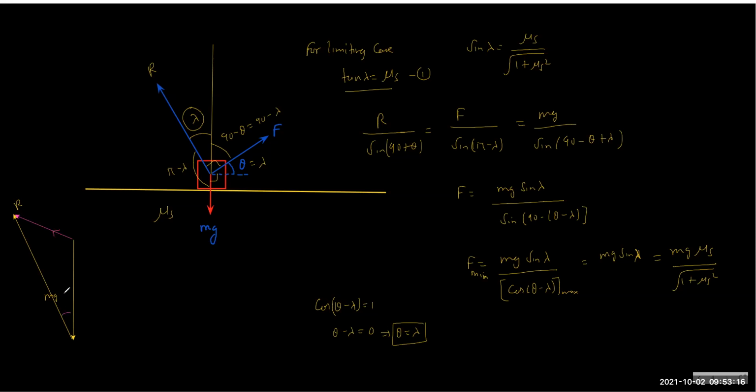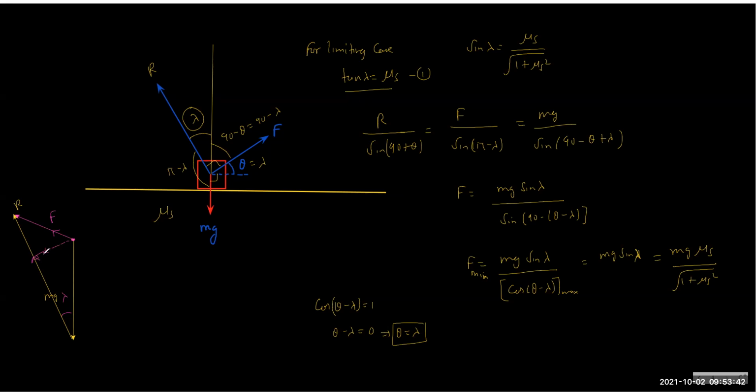Because this angle is fixed. Now the question is how to minimize the F vector. So I think the minimum value of F is only possible when F is something like this, because the shortest distance from the tail of the first vector to the tip is only this much. It means if the R is exactly till here, then this is the minimum value.